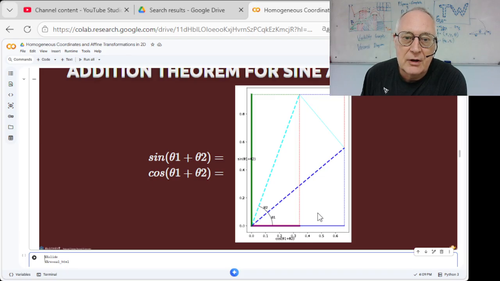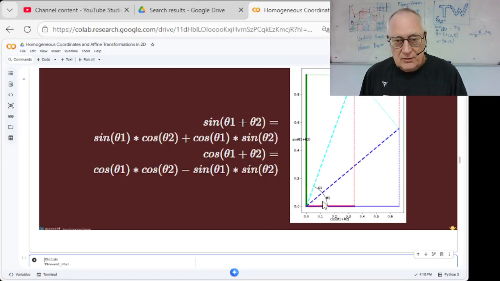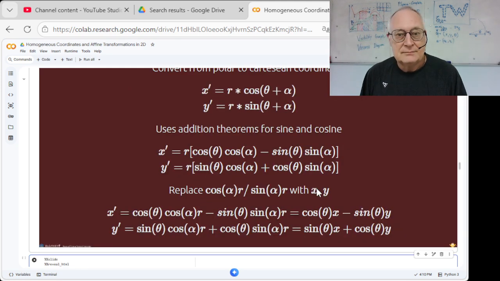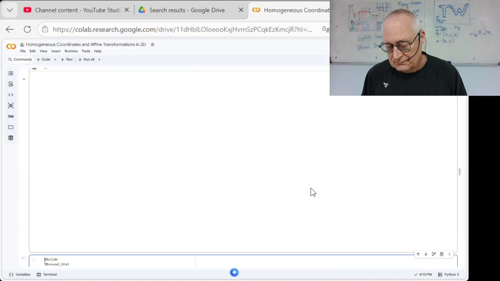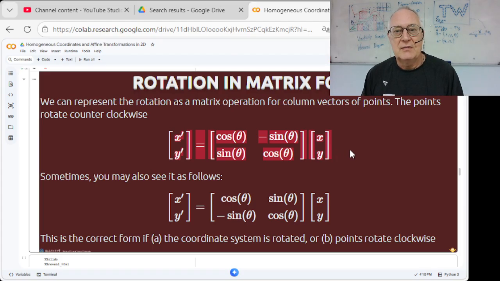And then you can work out what the other values are. And then at the end of it, we end up with the well-known rotation matrix.